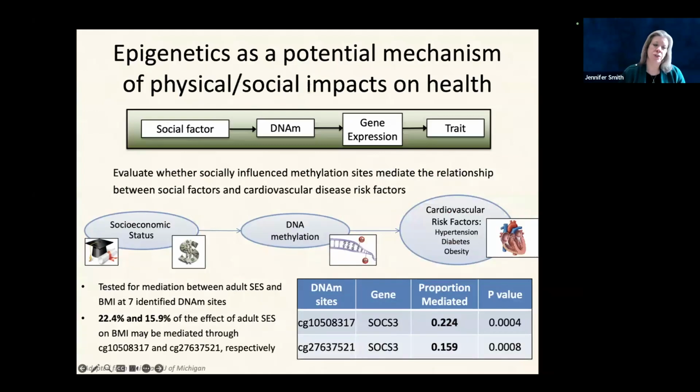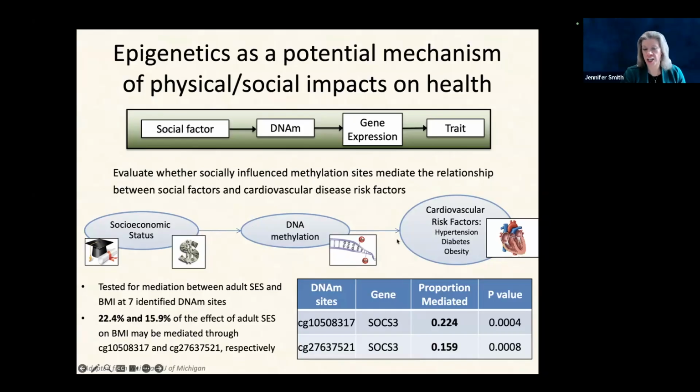You can also use methylation as a tool to study the mediating effects between social or psychosocial impacts on health. So here's some of the work that we've been doing, looking at things like socioeconomic status, education, income, wealth. That affects your cardiovascular risk, hypertension, diabetes, and obesity.